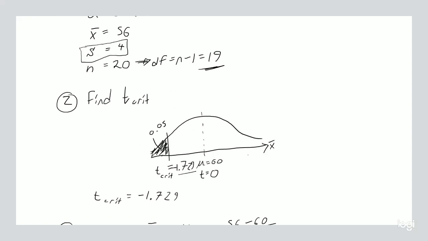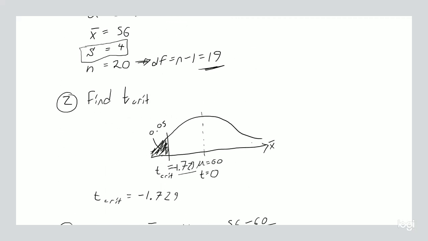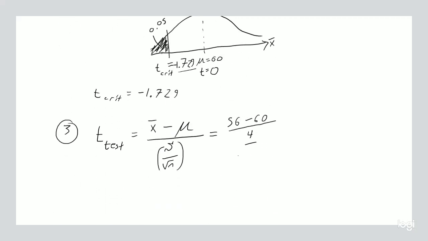Our standard deviation was 4, and our sample size was 20. Four divided by root 20 is 0.89. And this gives us negative 4.47.